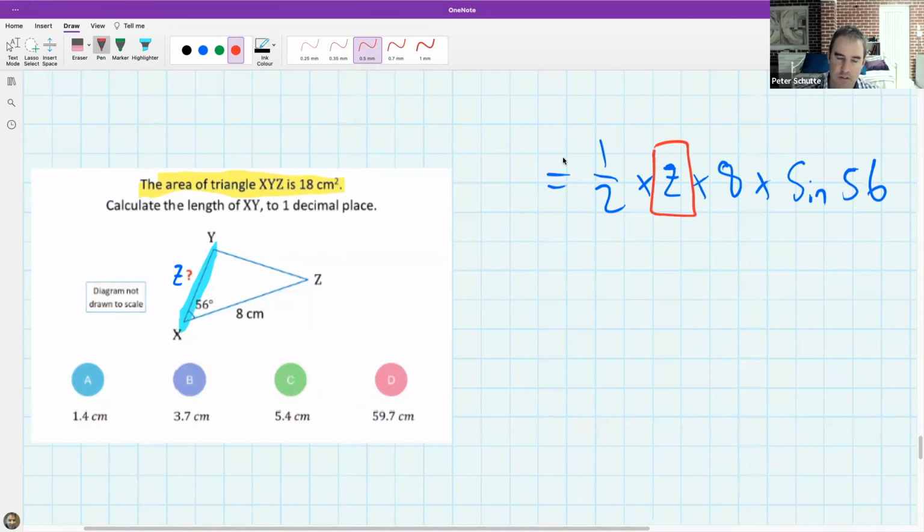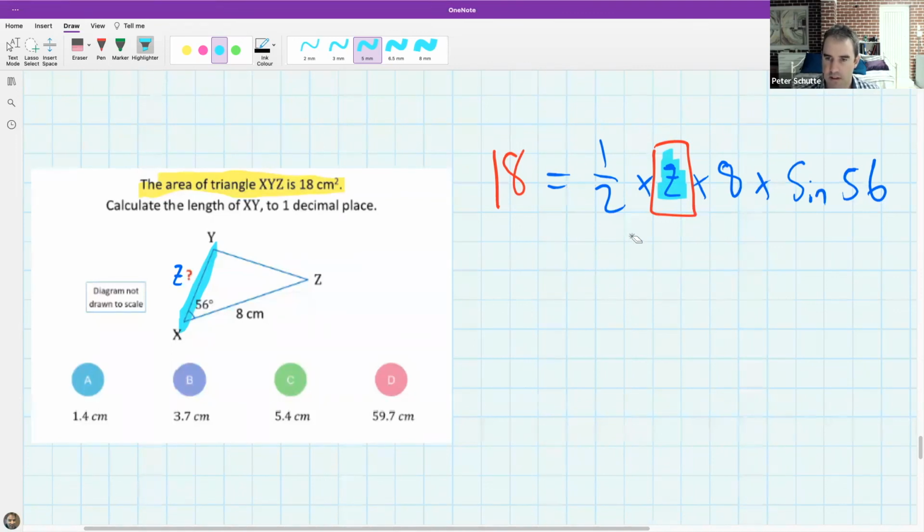That's quite important. What would be on this side? Well, they told me it would be 18. We choose a different color. Now, how do I get this z all by itself? It feels like that would be the answer, because z is the length of the side.